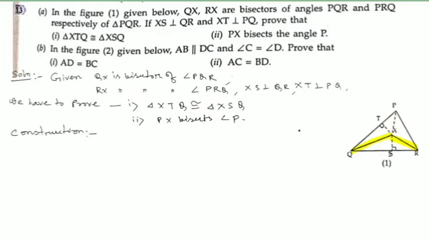And what is the construction? I draw a perpendicular from X upon PR and name it as XZ. Therefore construction: XZ perpendicular upon PR. Okay, now proof.